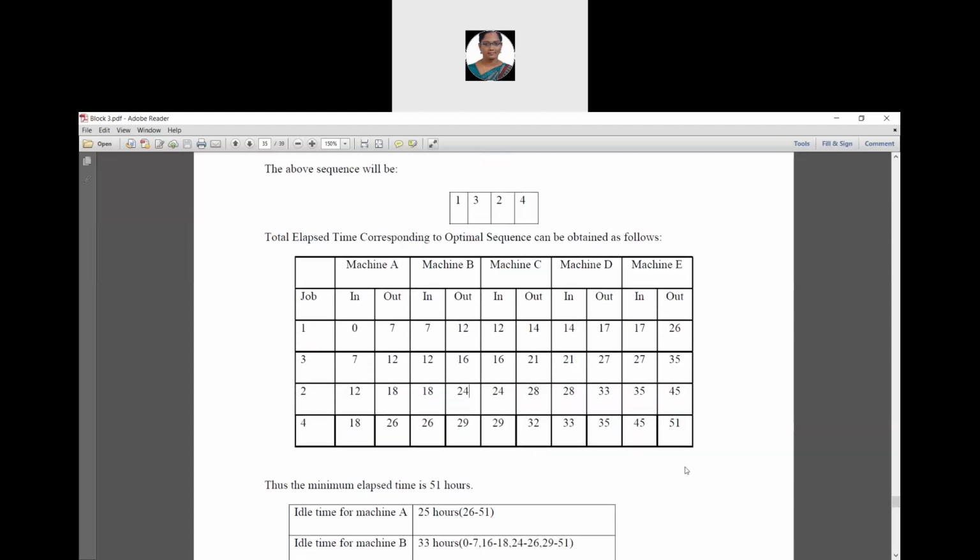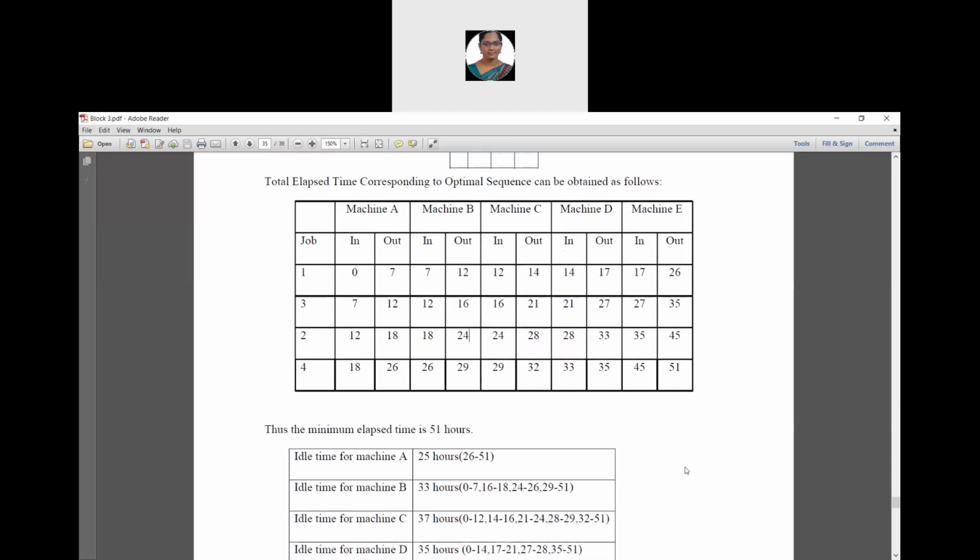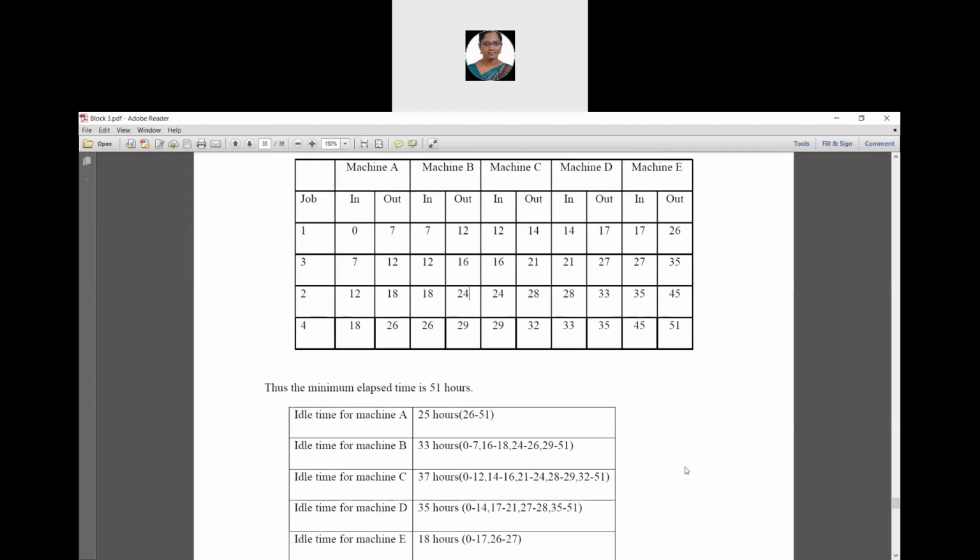Then we have to find the minimum total elapsed time. So it is the last machine's last out value. Here the last machine is machine E and its last out value is 51. So the minimum total elapsed time is 51 hours.